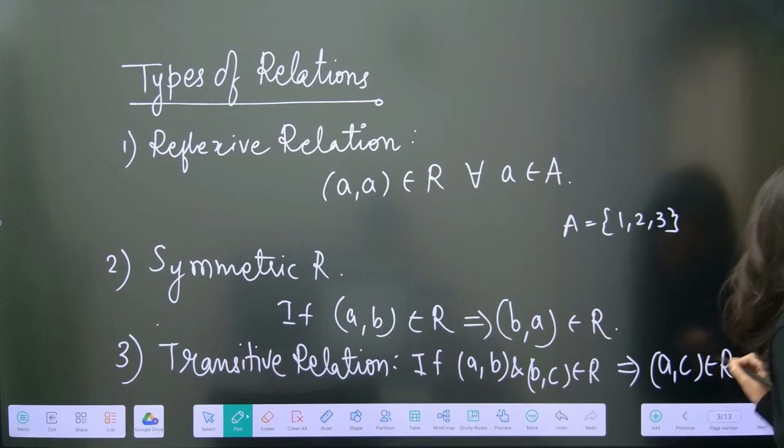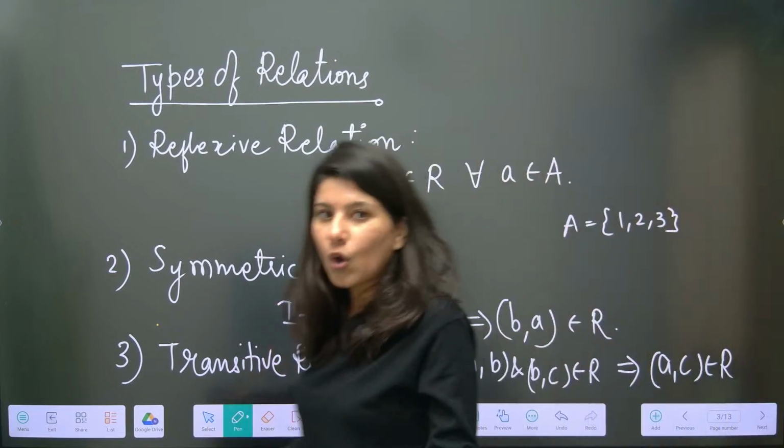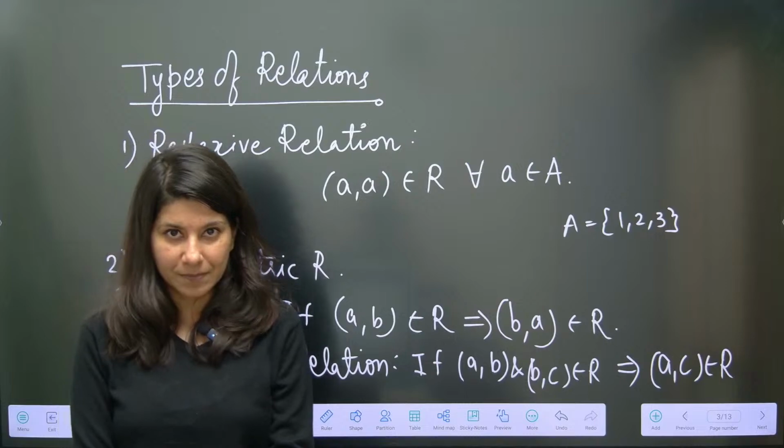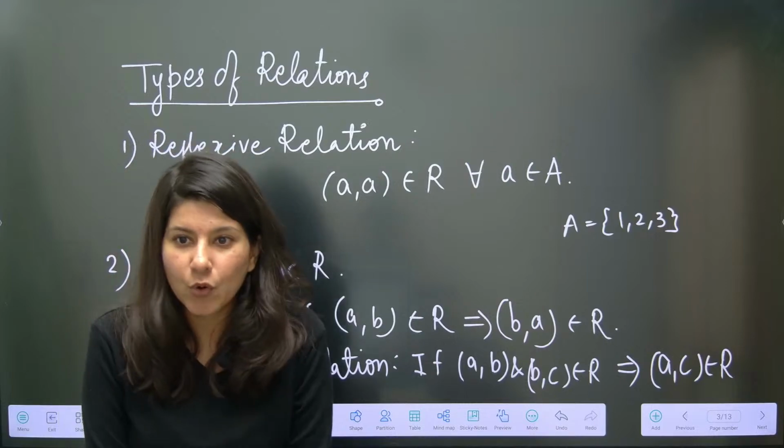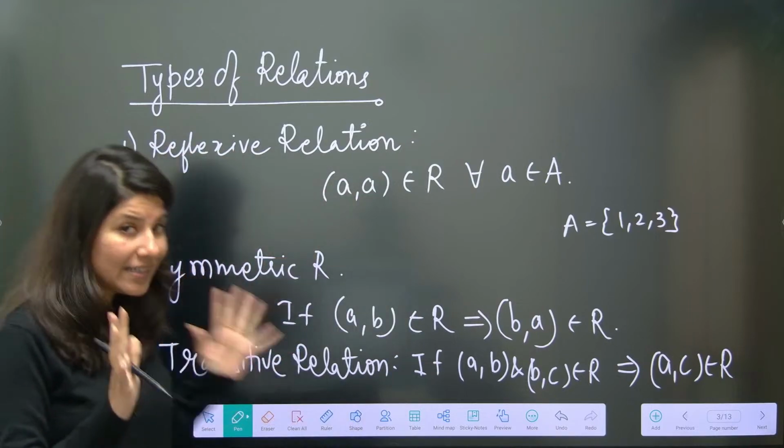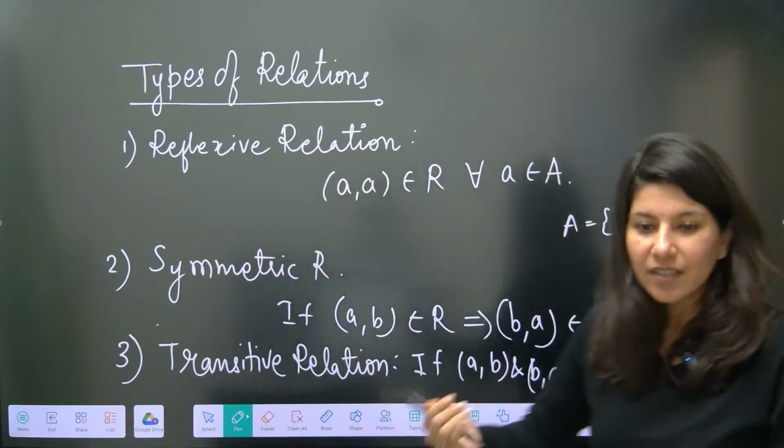It should belong to R. If not, then we will not call it a transitive relation. I hope that all three types are clear to you.